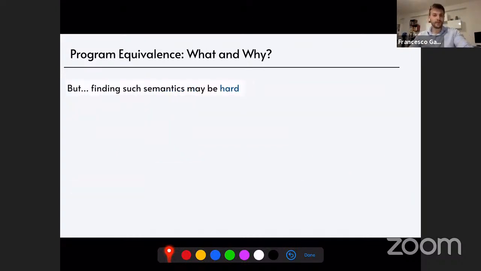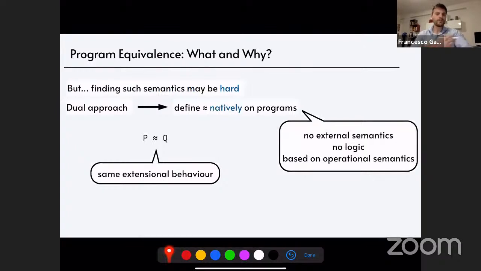In particular, they just look at the extensional behavior of programs, and all other details are not considered. This is all very nice, but sometimes finding the denotational semantics, finding a suitable logic system may be hard, especially if your language is very expressive. And to overcome this issue, what we often do in programming language semantics is to take a somehow dual approach. This time, what we try to do is to define a notion of equivalence natively on programs, with the idea that, of course, the equivalence relates programs that have the same extensional behavior or the same denotations, if you have a denotational perspective on the whole issue.